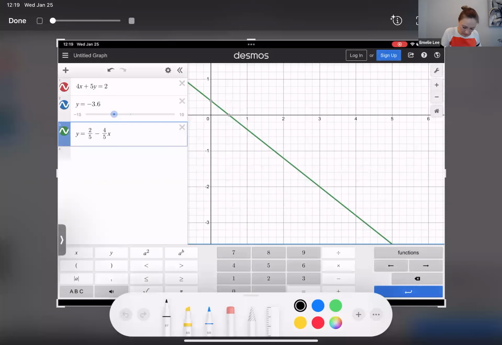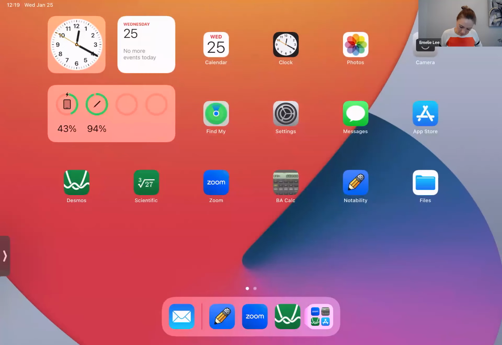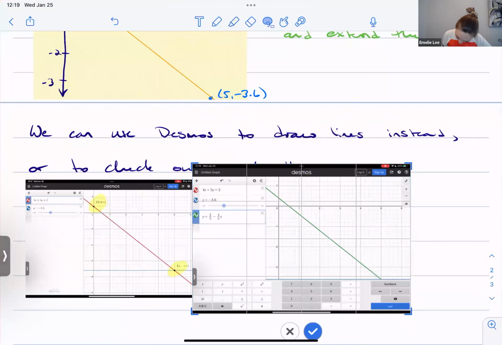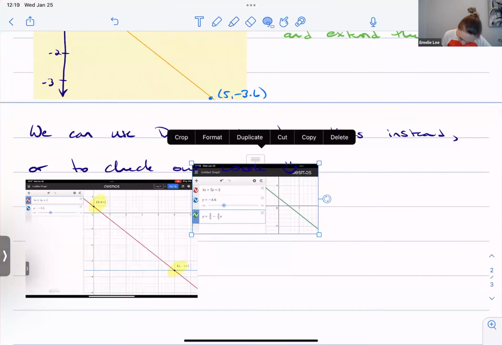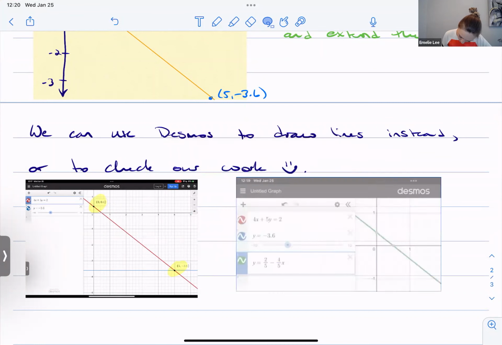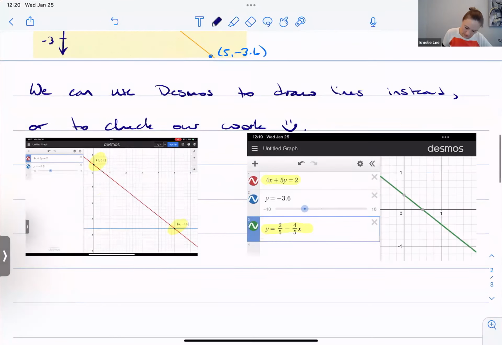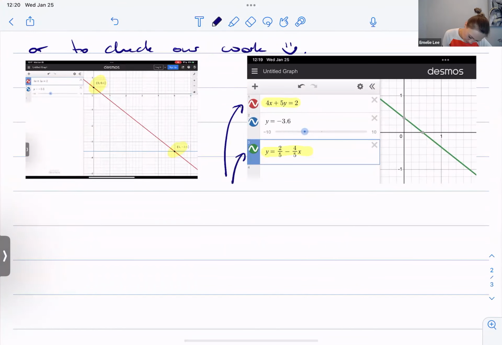So here we can enter the equation of the line either way, and then we'll see that they're overlapping.